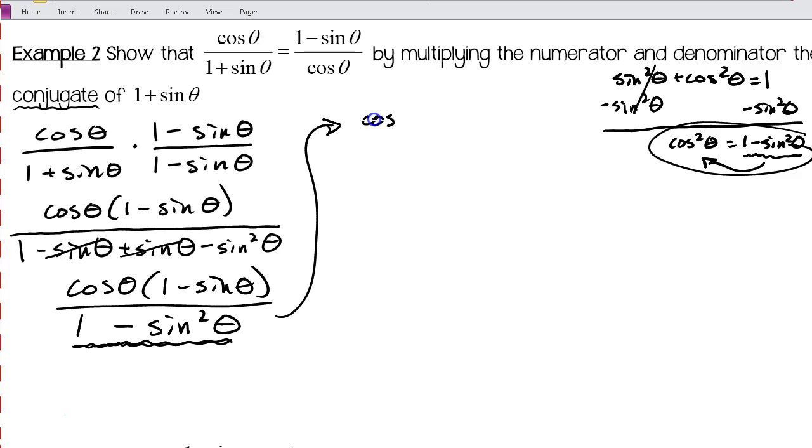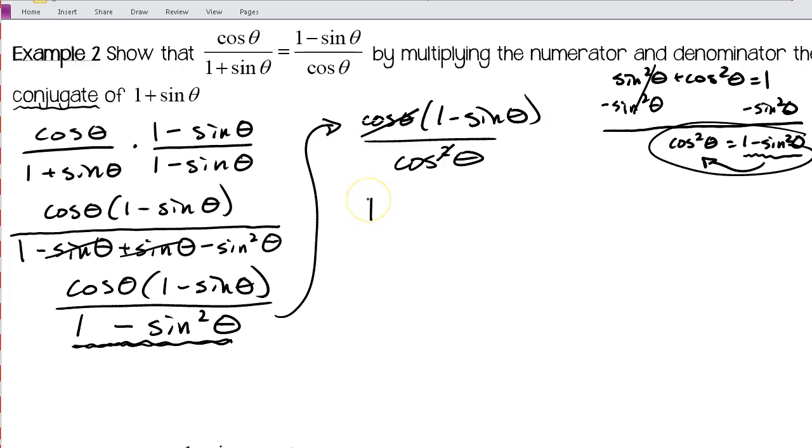So I get cosine theta times 1 minus sine theta over, I found out that this is equal to cosine squared theta. Now I have cosine in the numerator and cosine squared in the denominator. So I can cancel one of these. I'll just do that with that one.